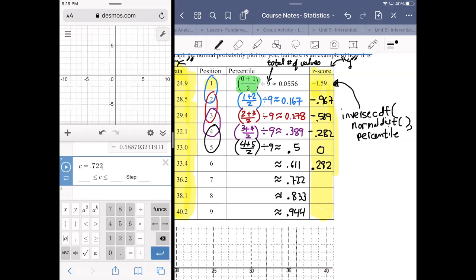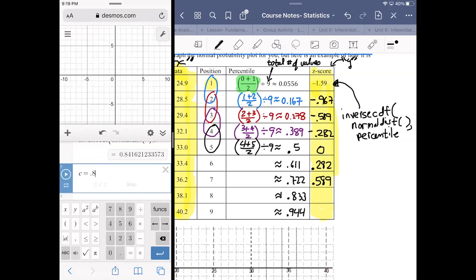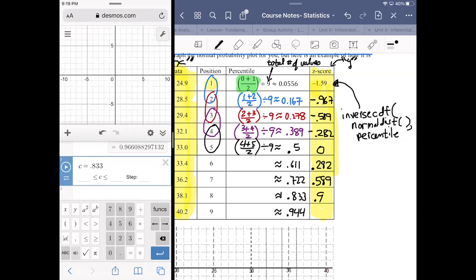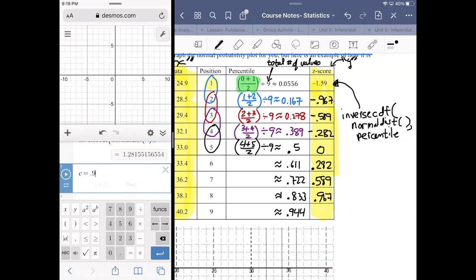So you see the symmetry here. It's the same values, just positive. All right, so there's a little bit of a silver lining here. 0.967. And then the last one, 0.944. We're looking at the 1.59.